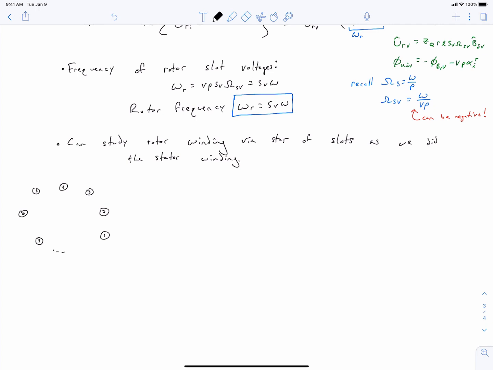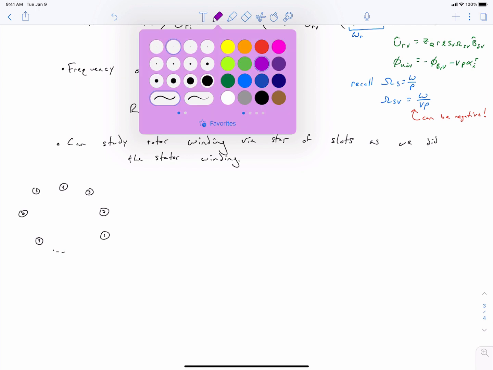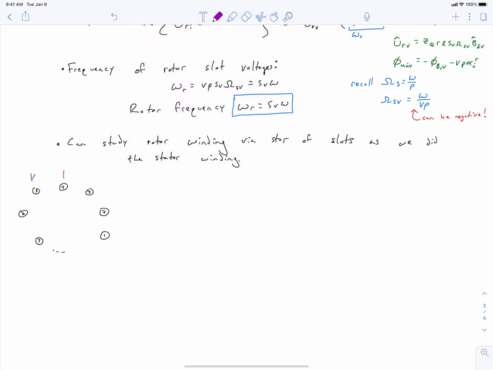And so again, I'm drawing our rotor here, and we can add labels like we did before. We've got alpha c separating each of these slots. And this we can draw as our star of slots, where each of our star of slots phasors is separated by the electric spacing of our rotor slots, and our entire star of slots again rotates in the counterclockwise direction at the rotor frequency.